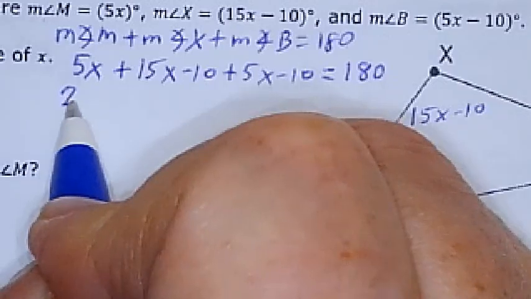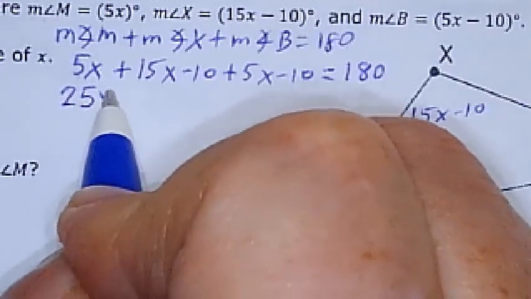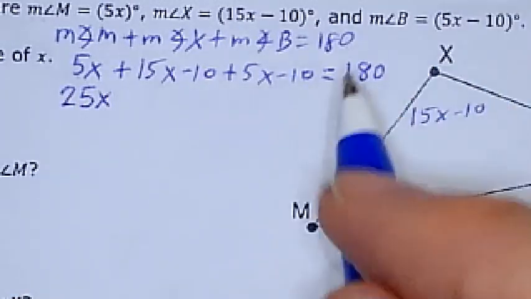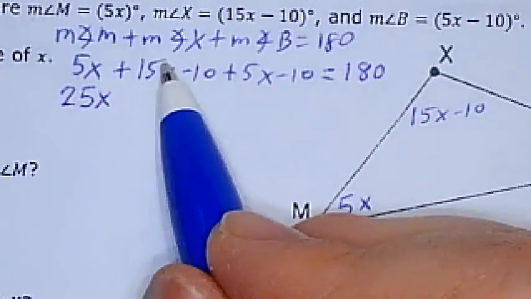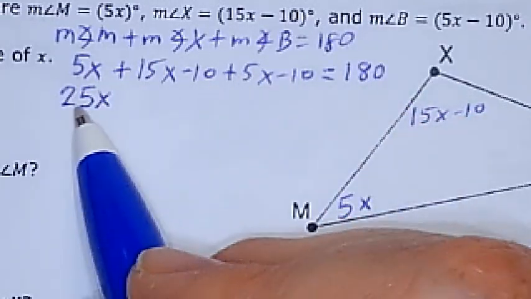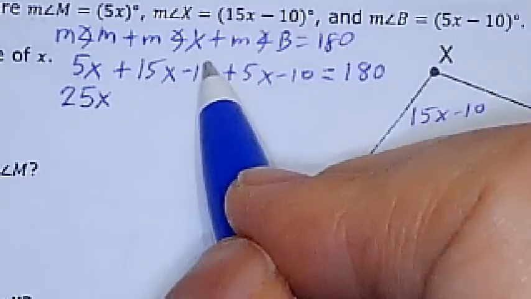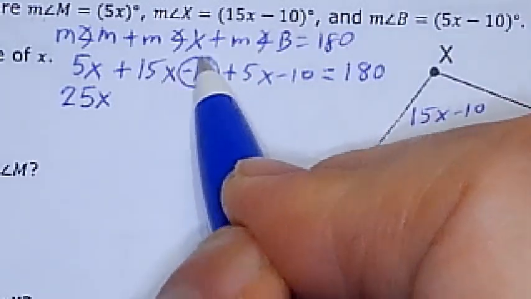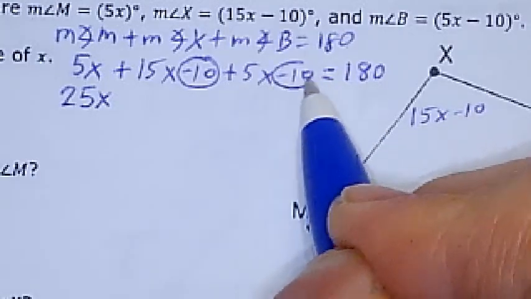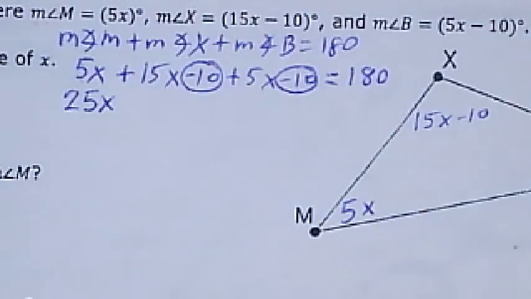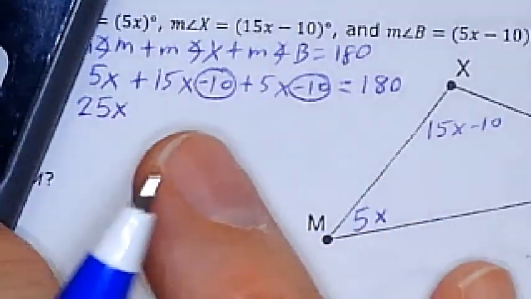And if you're not sure, don't be too proud to use a calculator. 5 plus 15 plus 5 is 25. That's 25x. Now, when you add the constant terms, if you're not sure about that, just only involve yourself with the sign in front of the term.